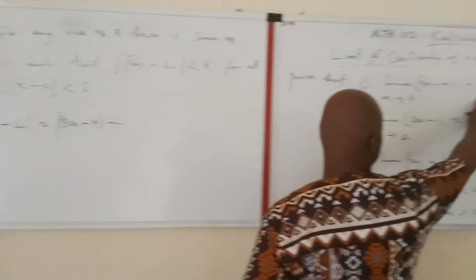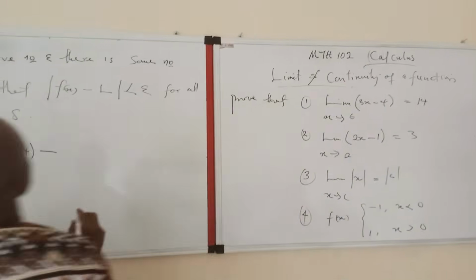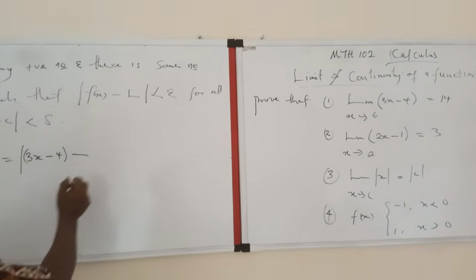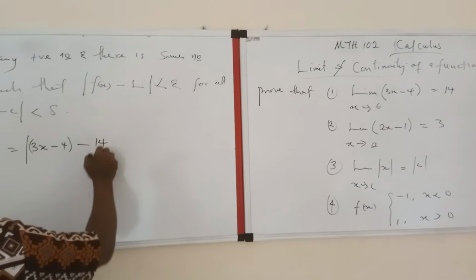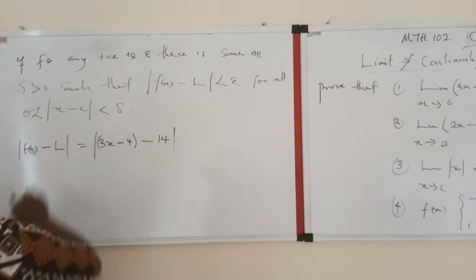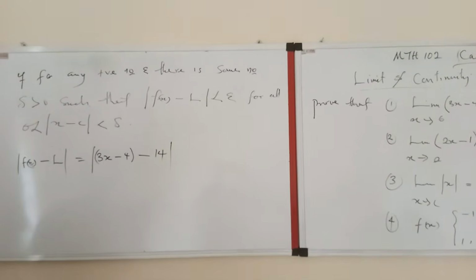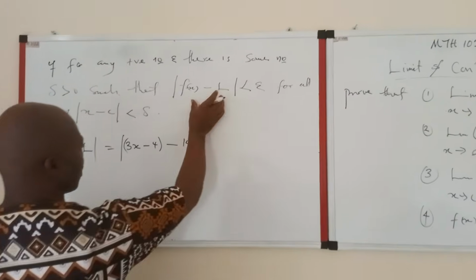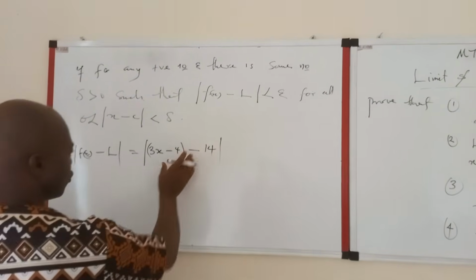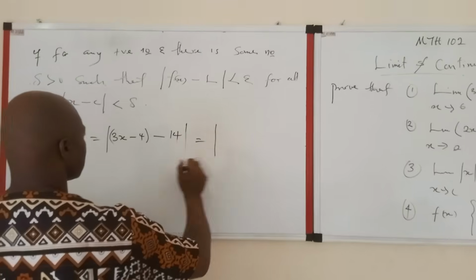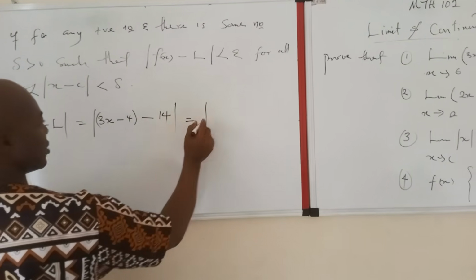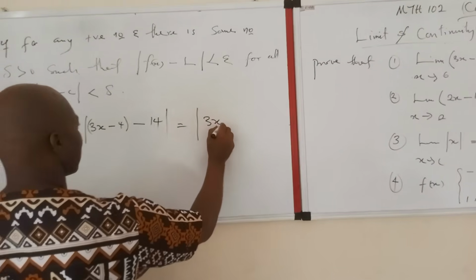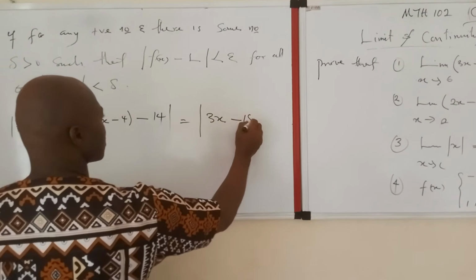This is our L based on the definition that we gave. So L will be equal to 14. If you simplify this, we write 3x minus 4 minus 14, which gives 3x minus 18.